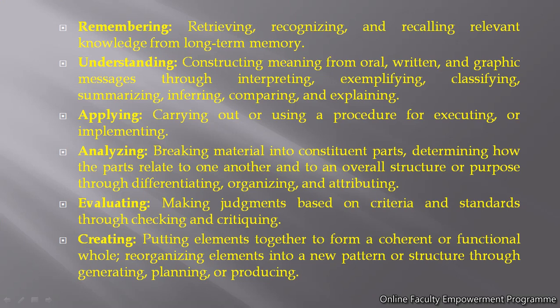The third level, applying, is carrying out the basic process for execution of a new thing. In analysis, we break the material into subparts, determine how the parts relate to one another and to the overall structure. It may be used for differentiating, organizing, and attributing.